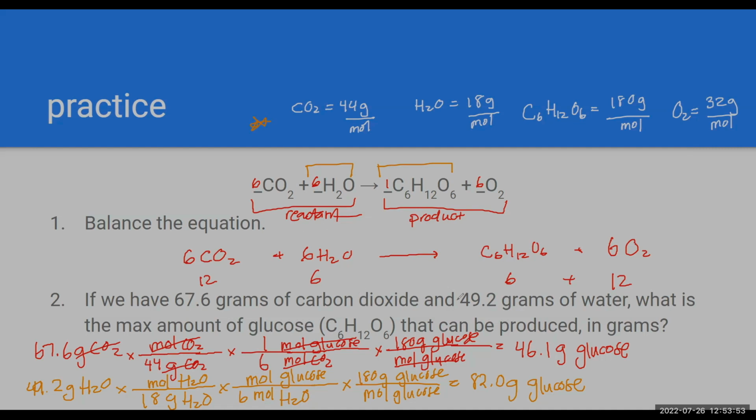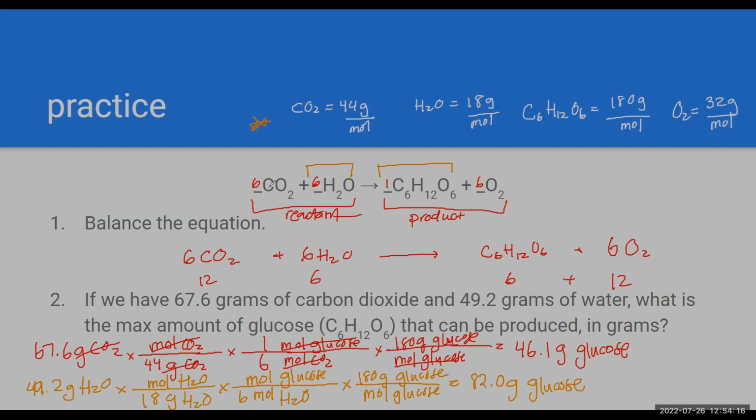And so we want to find out what's the maximum amount of glucose we can produce. Remember that these mole ratios, or these stoichiometric relationships, are going to help determine what is going to be our limiting reactant. Whichever one that we have the fewest moles of is going to be our limiting reactant in this case.